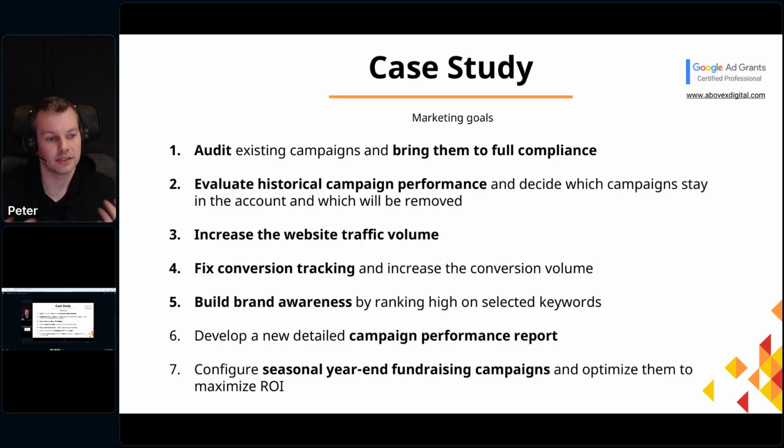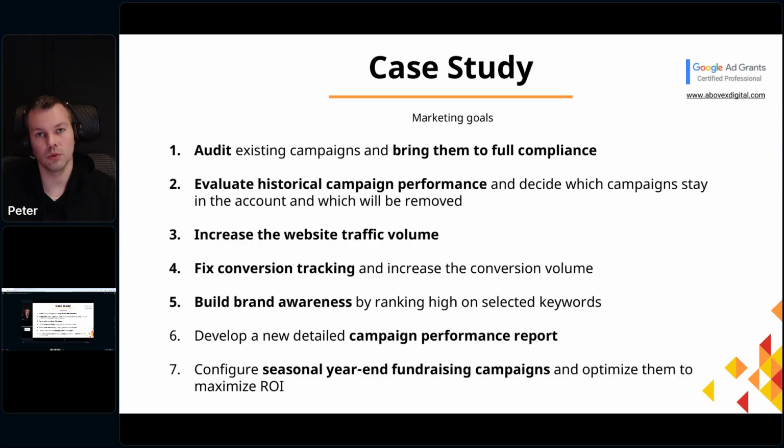After the initial discussion, we defined a set of marketing goals, the first of which was to audit what they have and make sure that they are compliant. Then, because they had existing accounts with a lot of data in them, we decided to do keyword evaluation, see what's worked in the past, and decide what stays in the grant and what goes into commercial, etc. Obviously, the goal was to increase the website traffic, fix conversion tracking, boost their brand awareness, and develop new reporting.